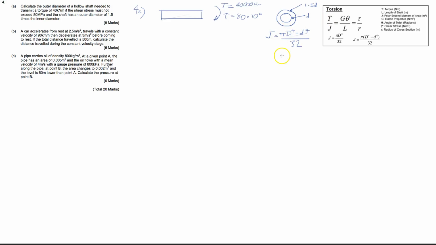So let's start crunching this in the same way that we did question 2, I think it was. So we're going to have J is equal to pi times, remember we're replacing big D by this thing, so it's 1.5 to the 4 d to the 4 minus d to the 4.